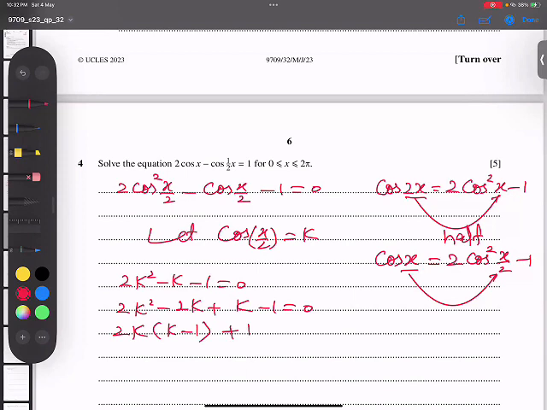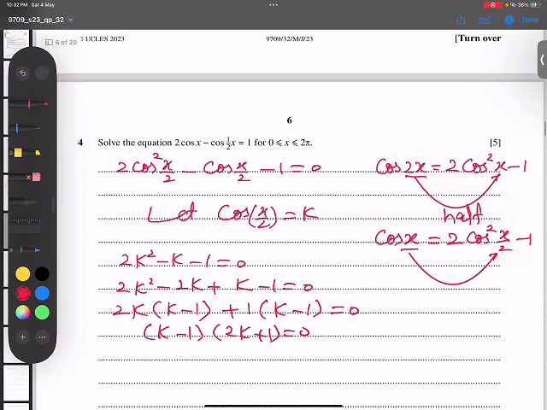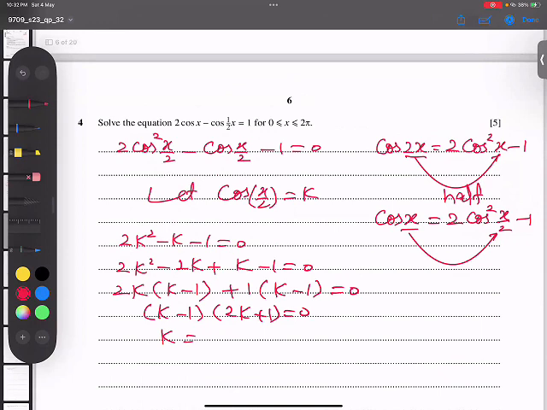I got a plus 1 common, k minus 1. I got k minus 1 and 2k plus 1. And I got two answers: one time I got 1 and one time I got negative half.